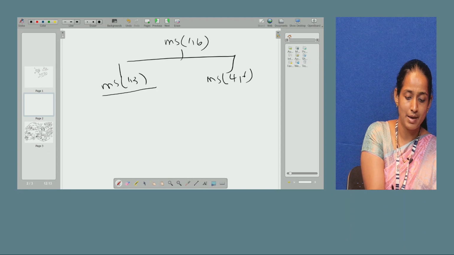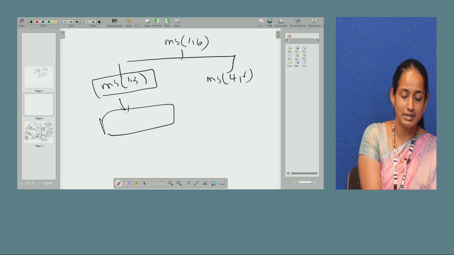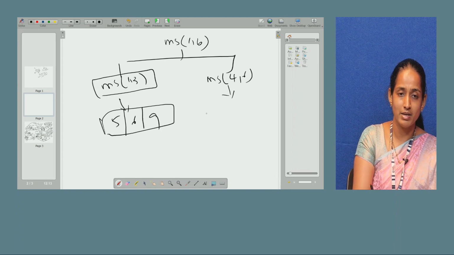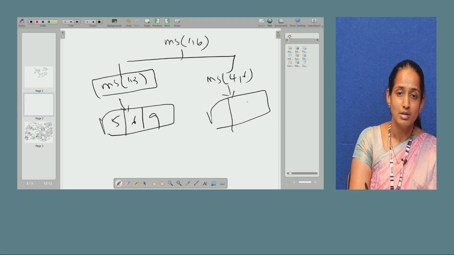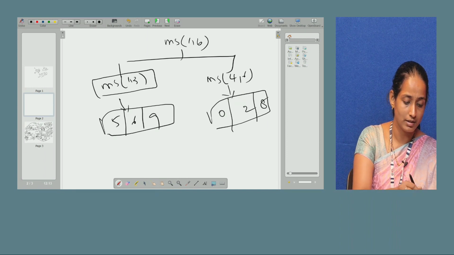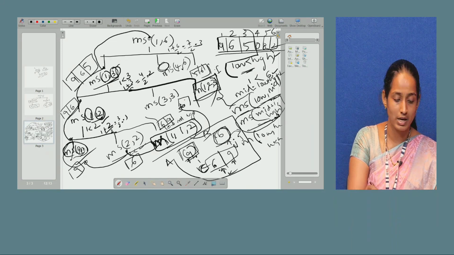So from this ms of 1, 6, I will get a sorted sublist having the elements 5, 6, 9. And in the same way, if applied on the right side part with the same backtracking process, I will get the elements 0, 2 and 8, based on the input I have considered here, 5, 6, 9, 6, 5 and 0, 8, 2.